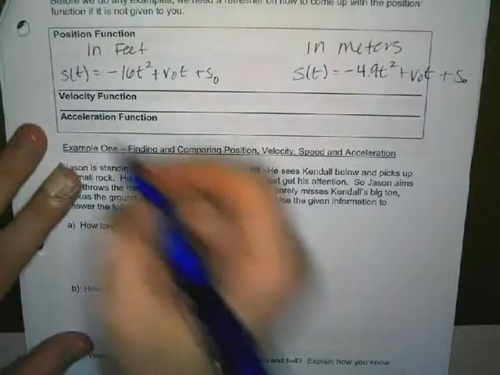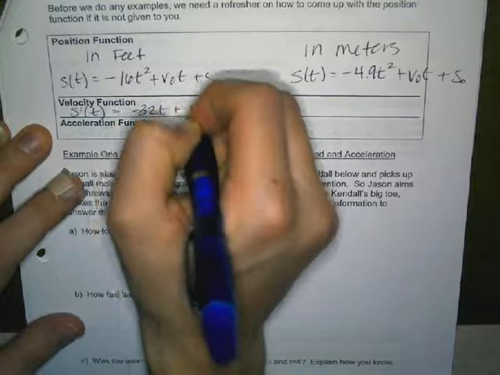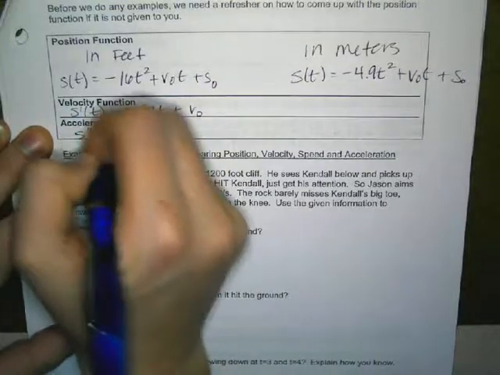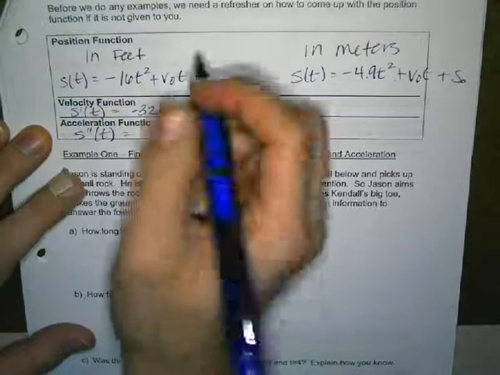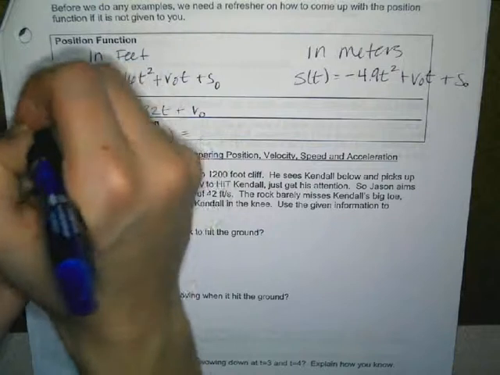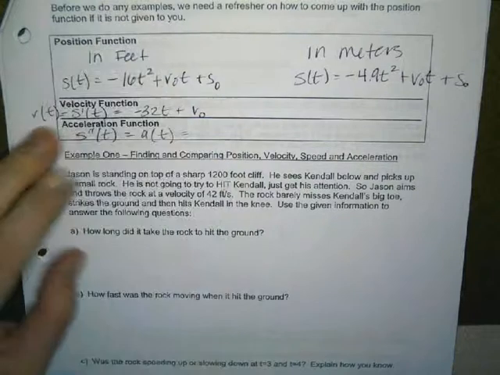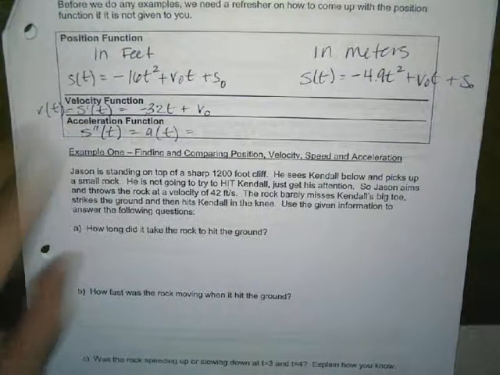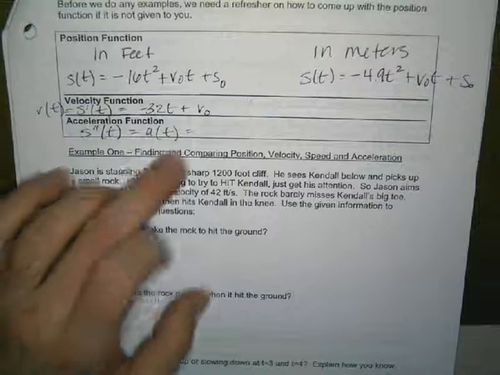Okay, your velocity function will be s prime of t, which will always be negative 32t plus v sub o. Acceleration function is the double derivative, or the second derivative. Oh, I should have labeled this as velocity too. So you can label it as s prime, or you can label it as velocity. This one you can label as a of t for acceleration, or s double prime.